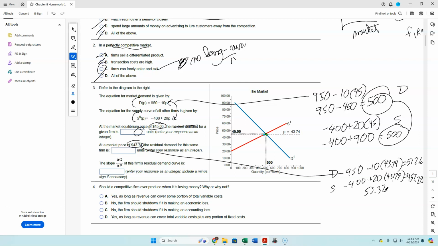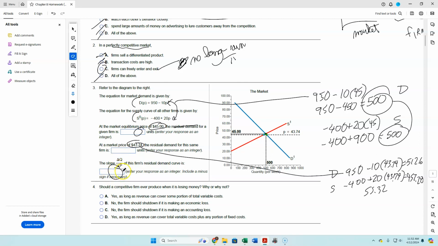And then we are asked what the slope of the firm's residual demand curve is here. Well, then what you would need to do is find the unit change in the quantity for the unit change in the price. And that's going to give us our answer here.